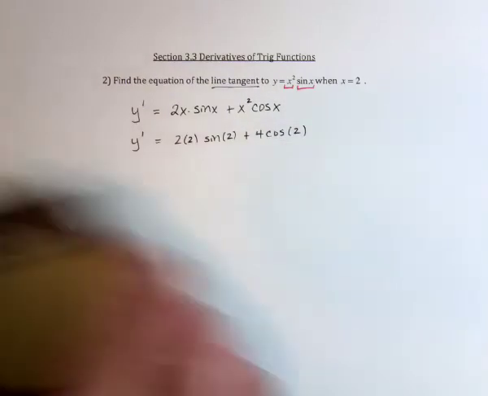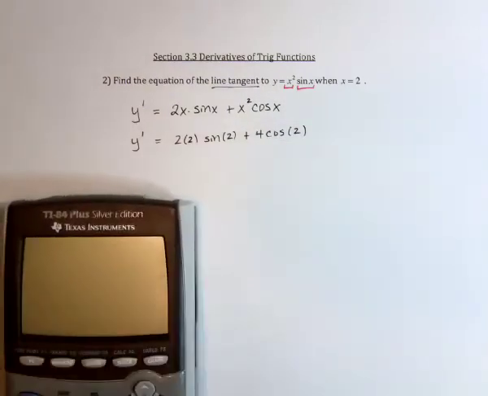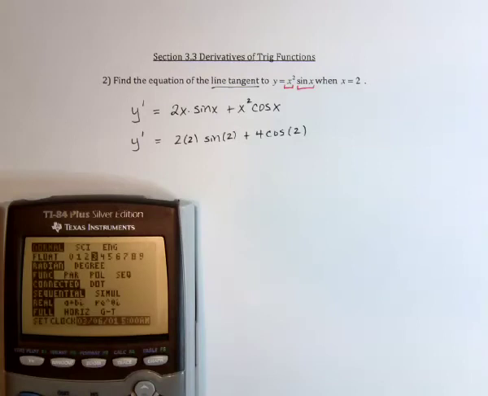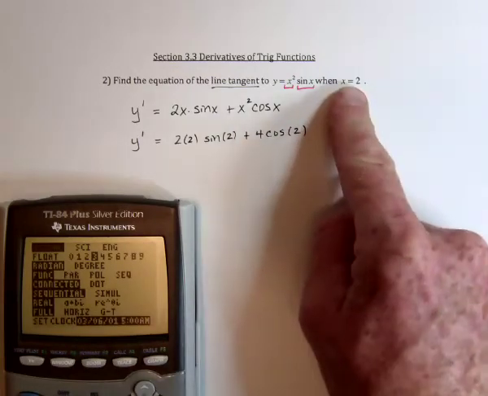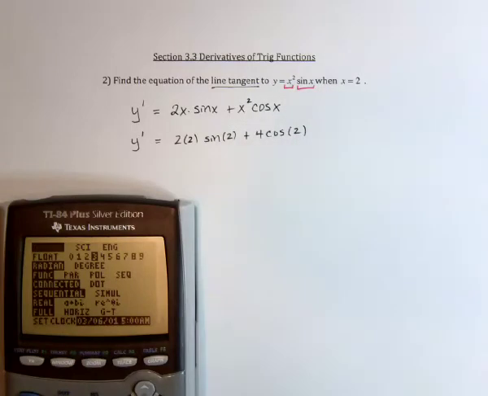The calculator might be handy for that. So make sure that it's in radians, because that doesn't say 2 degrees, so it must mean 2 in radians.